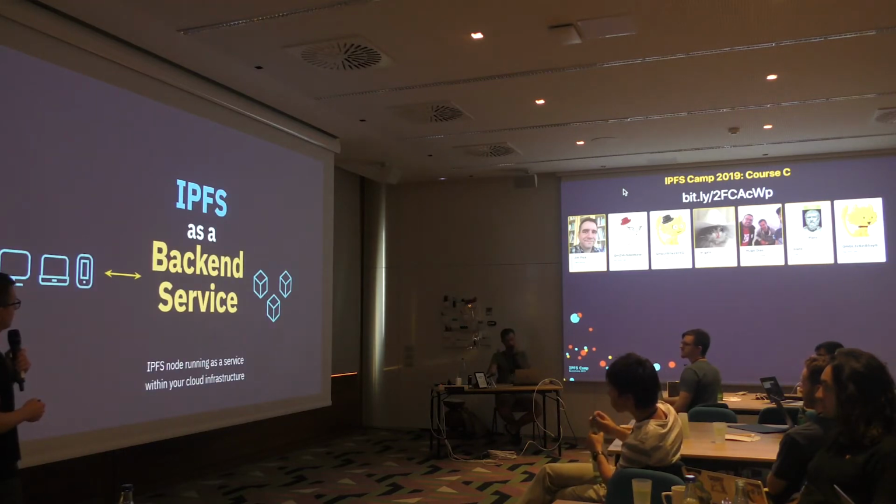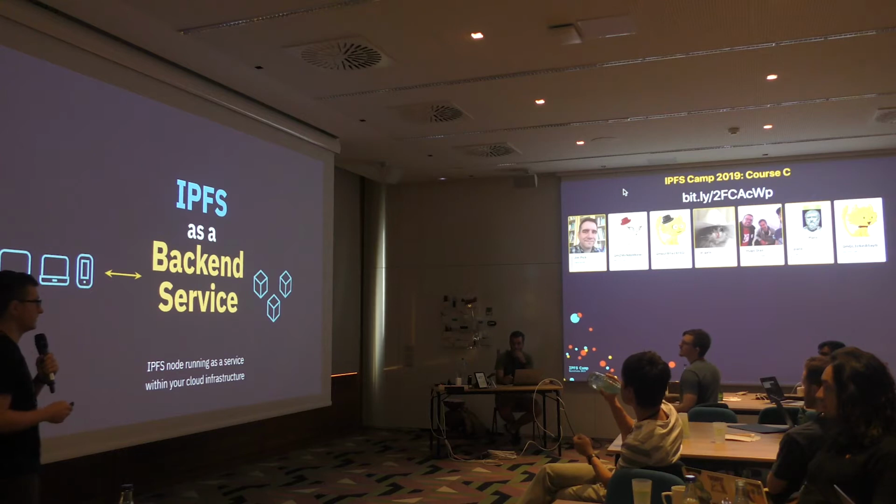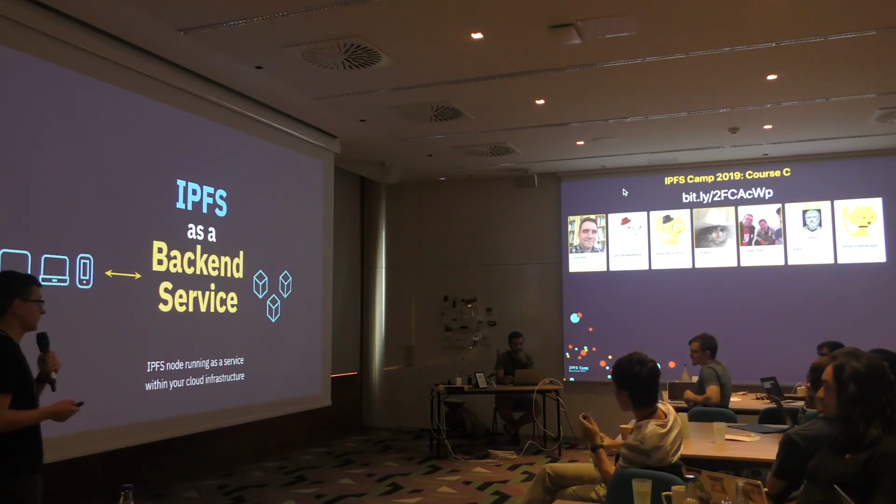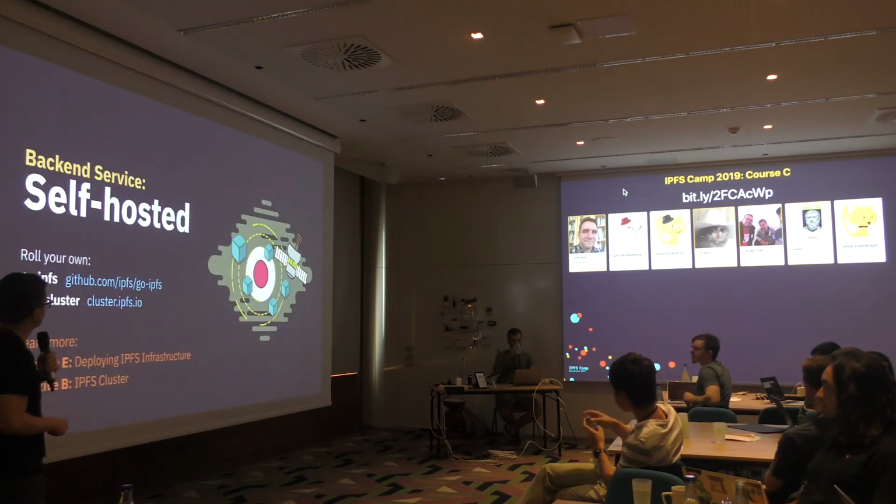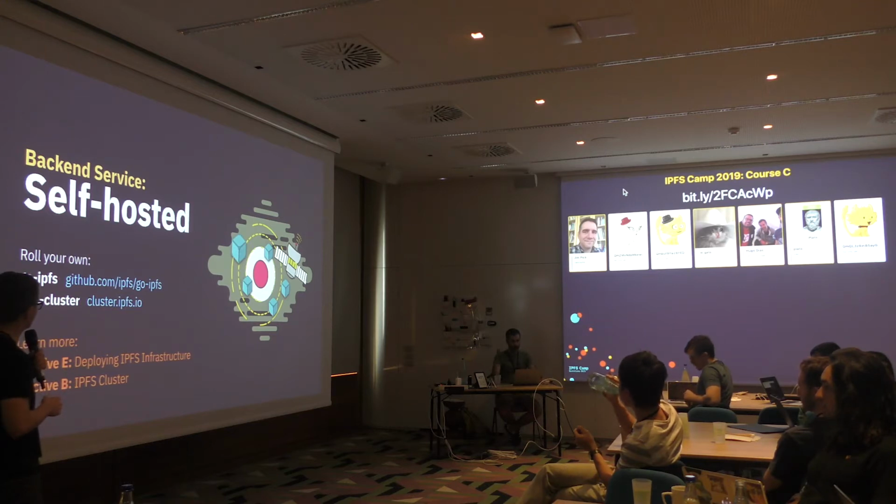Let's talk about IPFS as a backend service. When you run IPFS as a backend service, it behaves basically as any other service you would run on your cloud infrastructure, like a database or a load balancer. You can self-host it. You roll your own infrastructure by installing go-ipfs. You can pick pre-built binaries or build from sources.